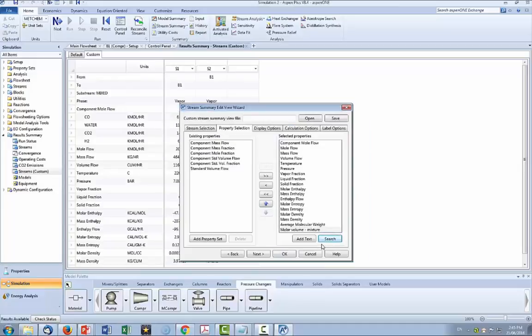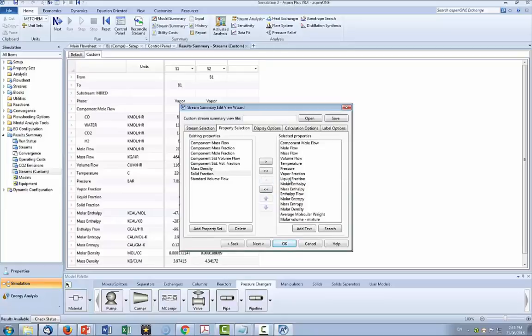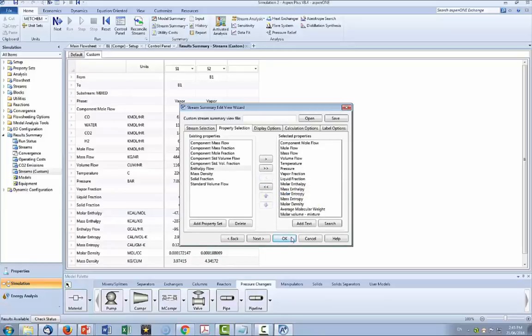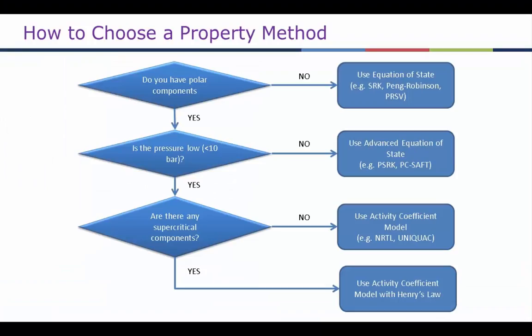Then you can scroll down and add all the parameters that you want to look at. So I'm adding average molecular weight, mass density, and also the enthalpy flow. Once we have added the parameters that we want, have a look at the molar volume for the mixture. It gives us 5.809 cubic meter per kilomole. So this is how we estimate molar volumes so that we can size the equipment properly.